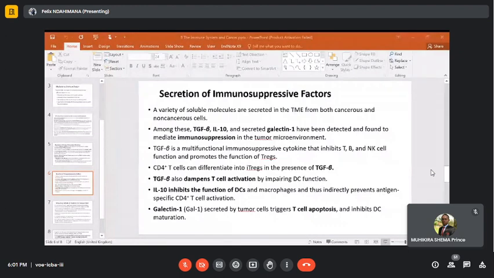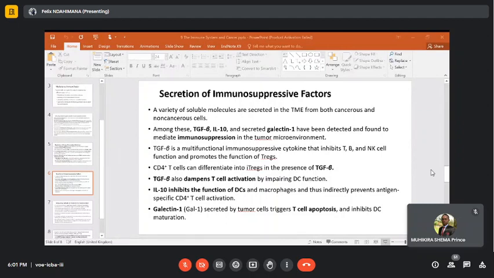This is just to recognize that these are the chemicals that are detected in the tumor microenvironment. These are the chemicals that are secreted in the tumor microenvironment, of course, to confuse our immune system, so that the immune system won't be able to clear cancer cells.